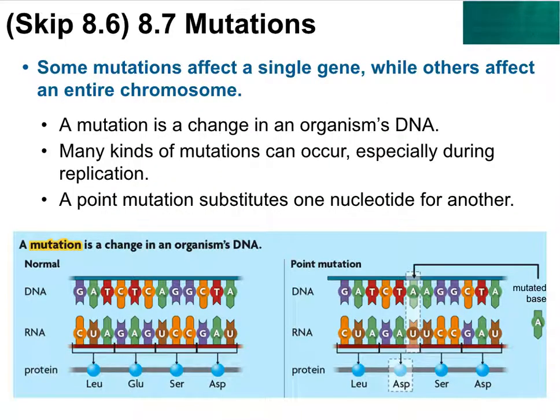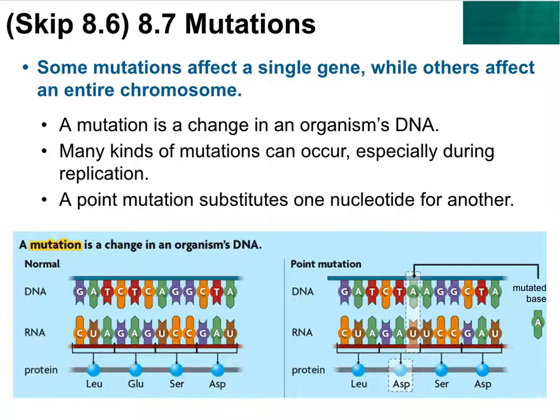So some mutations affect a single gene while others affect an entire chromosome. So remember, a gene, you could think of like the DNA projects you guys did, like that little piece of DNA. That's too small, but you could think of that as being like a gene, a certain number of DNA molecules together making a gene.